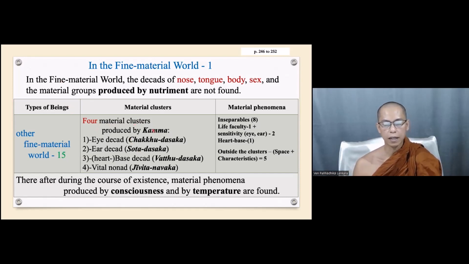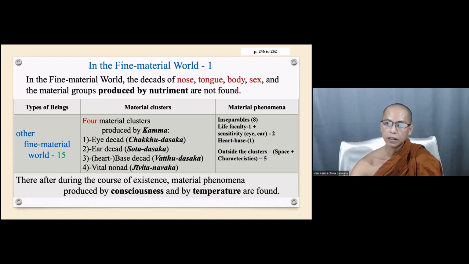So we can understand every time at the moment of rebirth linking, the materiality produced by kamma arises. And what are they? The eye decad, ear decad, heart-base decad, and the life-faculty nonad, by kamma only. Born of kamma, because of the absence of nose, tongue, and body.